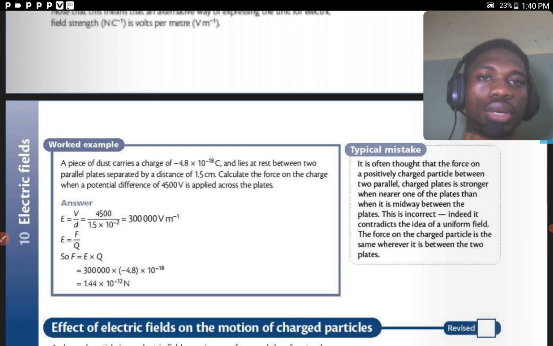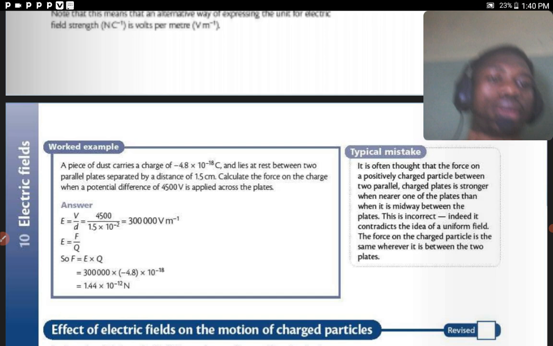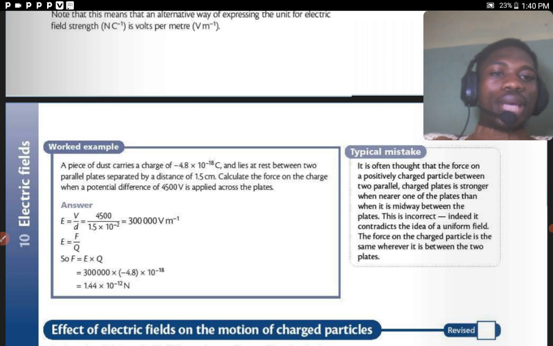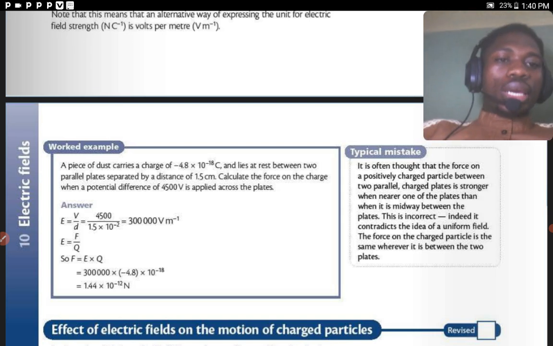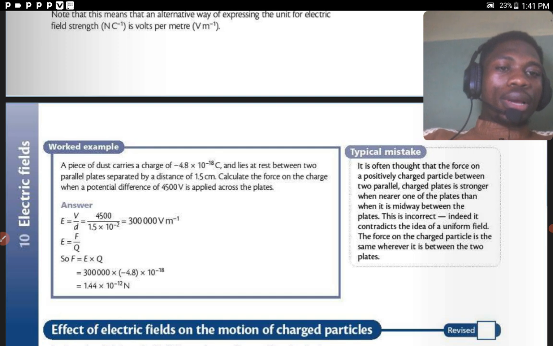Let me read this out for you. Typical mistake: it is often thought that the force on a positive charged particle between two parallel charged plates is stronger when nearer one of the plates than when midway between the plates.